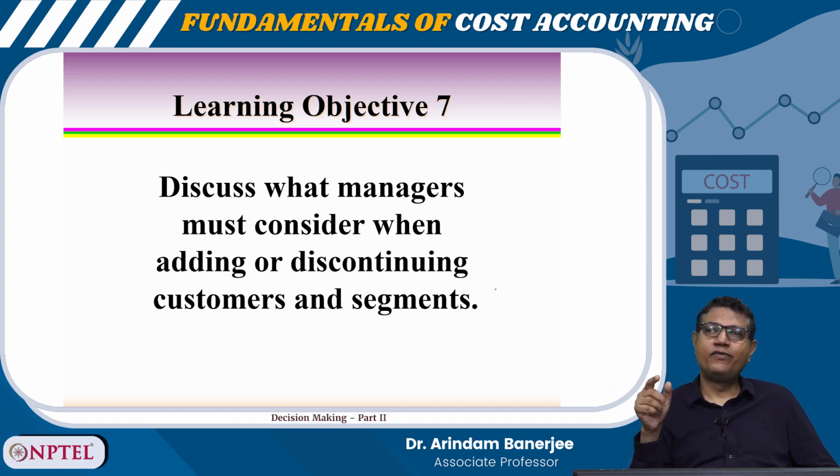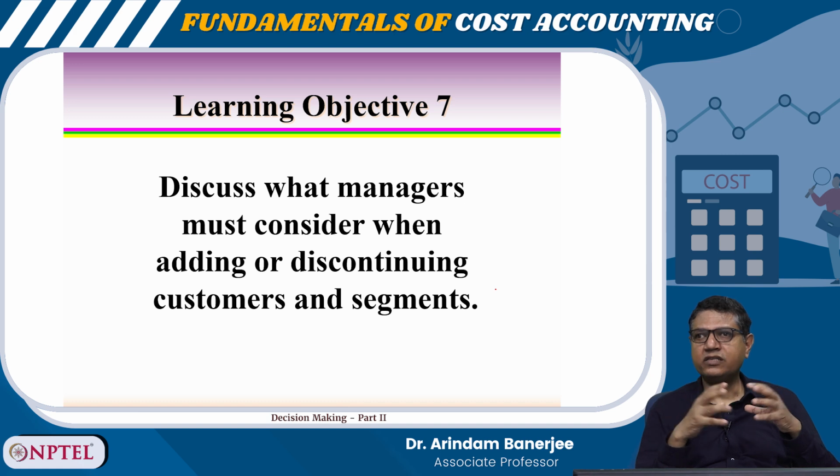The price it is offering is rupees 7. So, I am getting a 1 rupee margin, right? So, should I accept this offer? Of course, we should accept, because my relevant cost is lower than my incremental revenue. So, this is the basic concept.